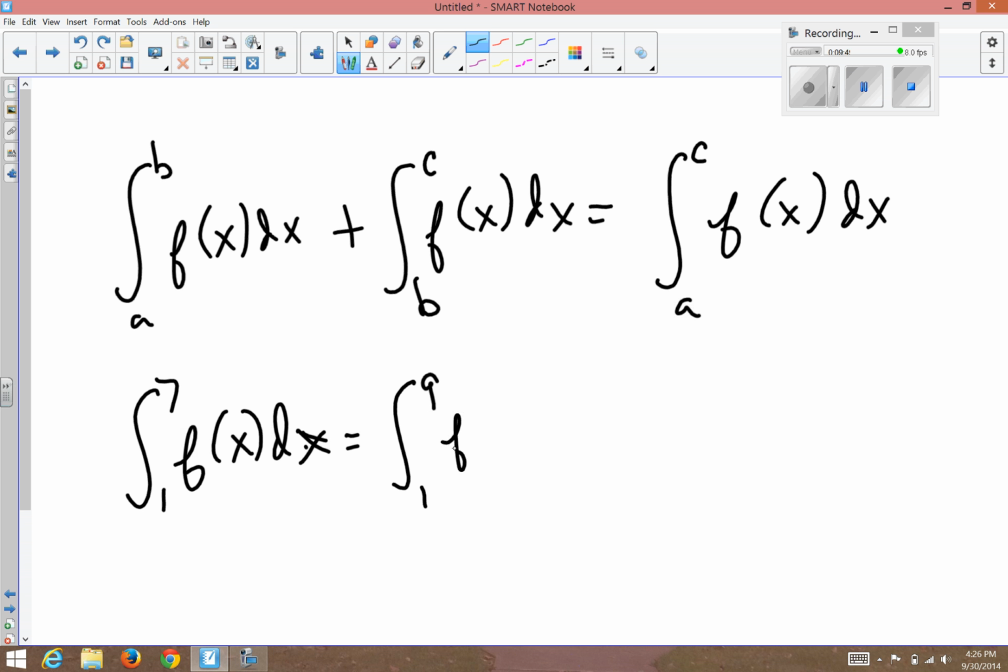You'll see why I chose that number. Plus the integral from where that one left off. This one left off at 9, and I want to go to 7. These are not necessarily in any order. You might think it's weird to go from 9 to 7, but we do that sometimes. We might call that going backwards. But that's how we say it.